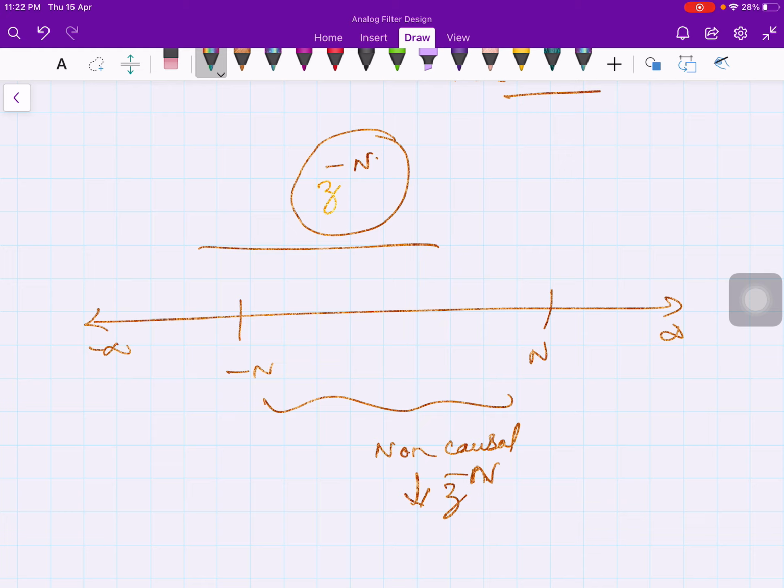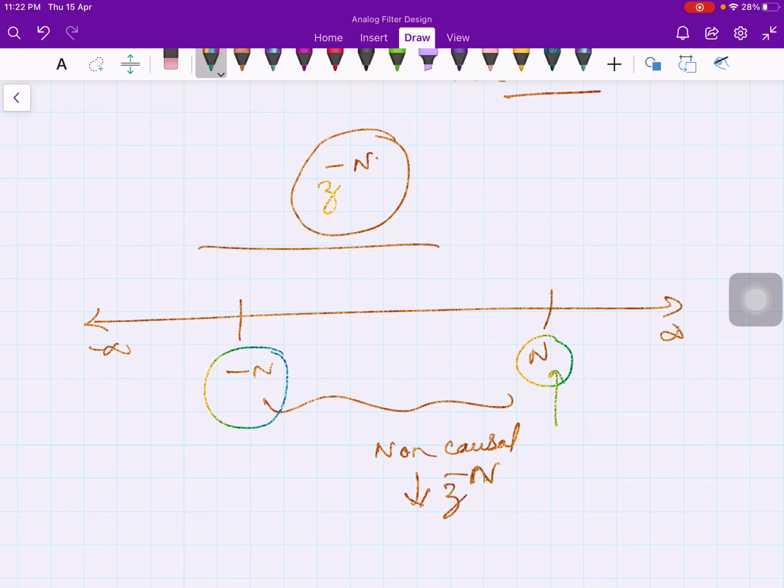And one more thing: this minus n1 is purely arbitrary, and this plus n is also purely arbitrary. So it is purely arbitrary to start with.